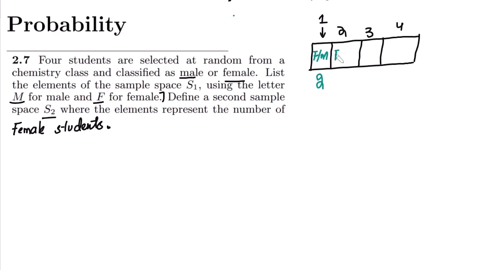So either female or male here as well. In the third slot, I can have either female or male, and similar options are available for the fourth slot. So in each slot I have two options.